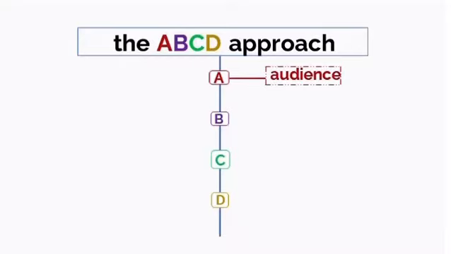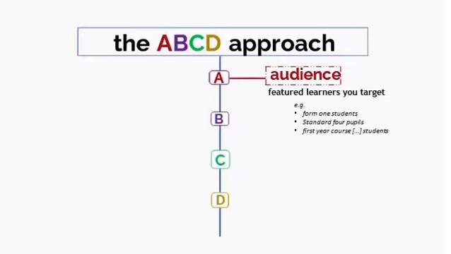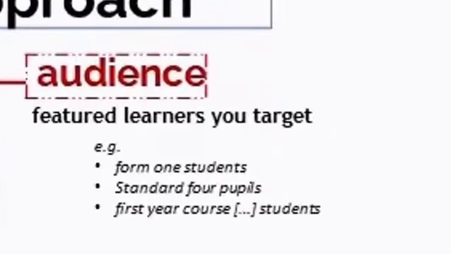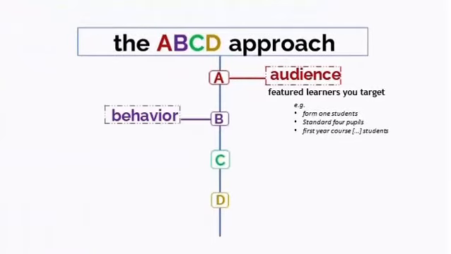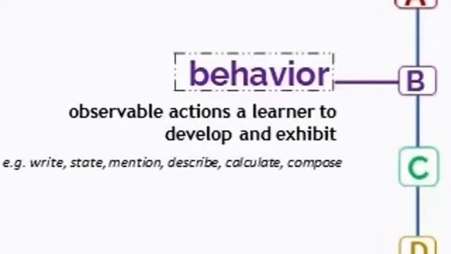In this approach, A is audience, implying the featured learners you target, for instance, Form 1 students, Standard 4 pupils, first year course XY students, and so forth.